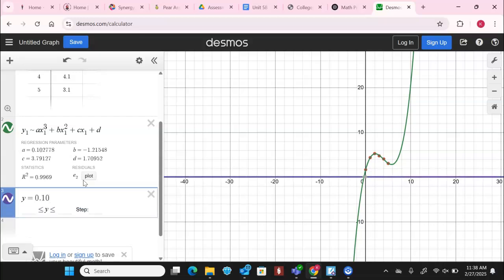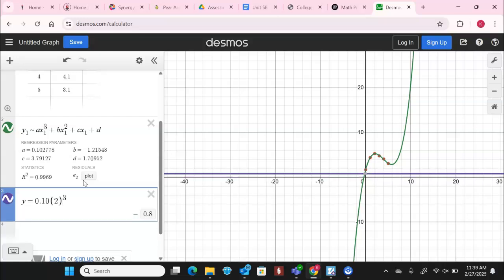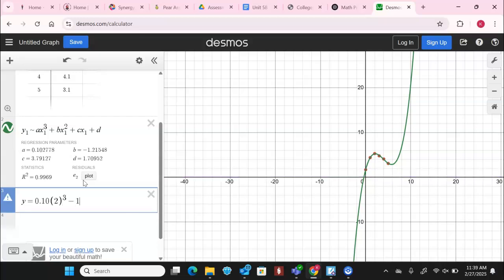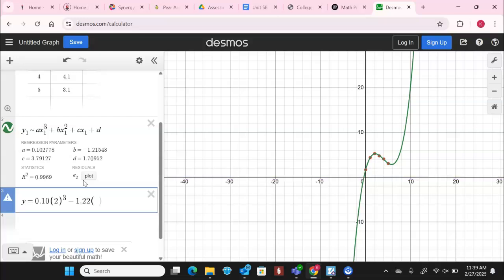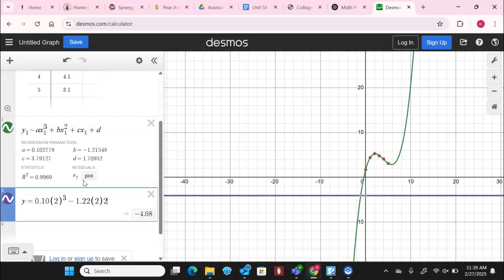And now instead of that x cubed, we are going to plug in our 2 and cube it. Then the next value is b, which was negative 1.22 rounded to 2 places, and then it's going to be 2 squared, because again, the equation was ax cubed and so on.